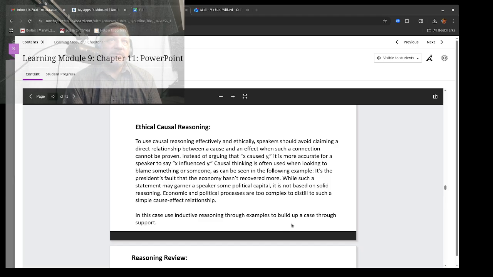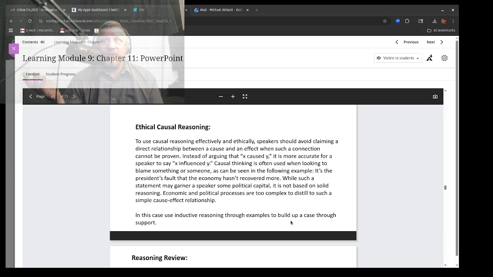When we think about causal reasoning, it's X causes Y, or X influences Y is more accurate, because sometimes it's not a cause. Sometimes things happen. For instance, I was recently in a car accident. It was not my fault. I was paying attention, but someone could say, well, you got in a car accident because you didn't pay attention.